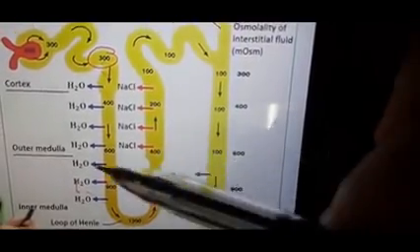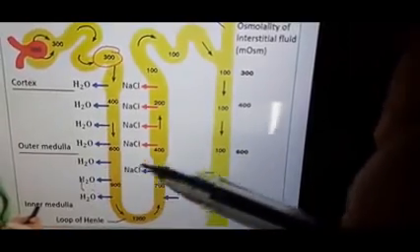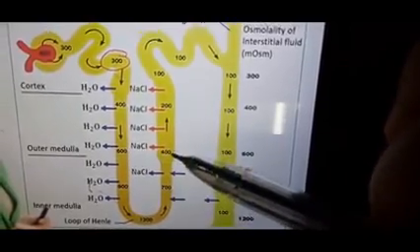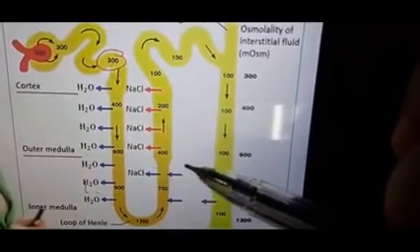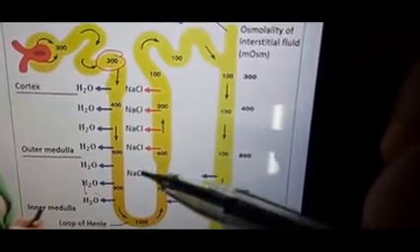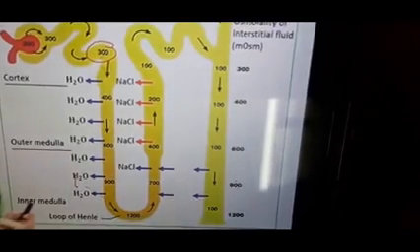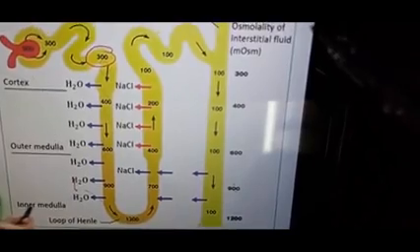And this flow of the filtrate in two different limbs in two opposite directions makes the counter current. So in two limbs of loop of Henle, filtrate flows in opposite directions, and this forms the counter current.